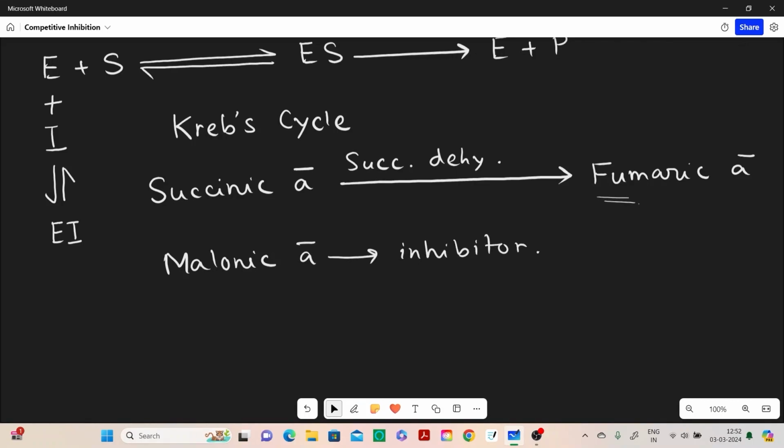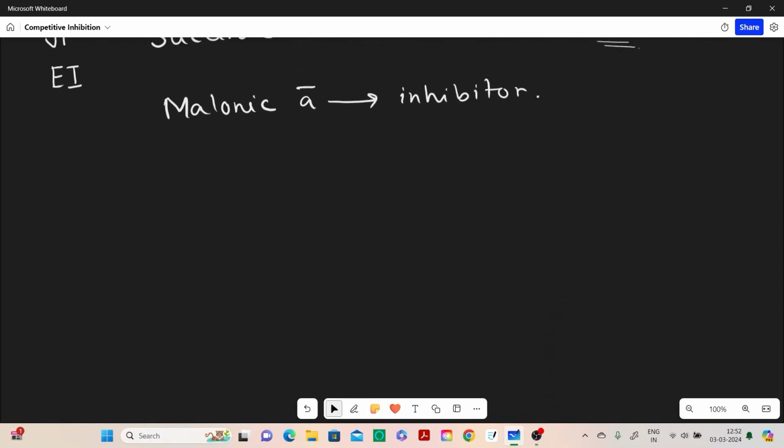Okay, now we will try to mathematically derive the rate equation for competitive inhibition. Before that, I will write down the steps.